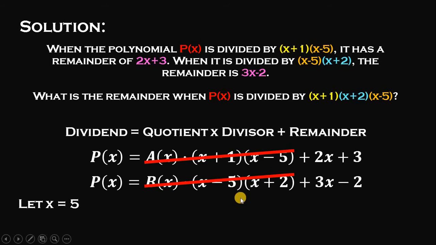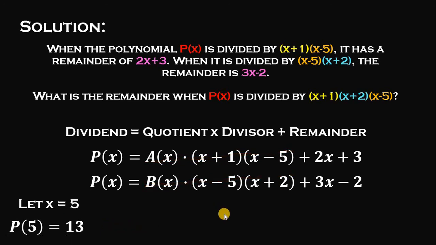Also, notice that in both equations, p of 5 is equal to 13 because 2 times 5 is 10 plus 3 gives us 13, and 3 times 5 is 15 minus 2 gives us 13. So surely p of 5 equals 13.